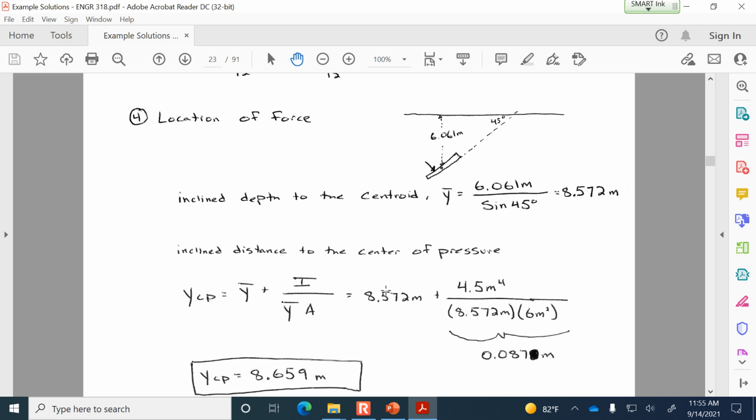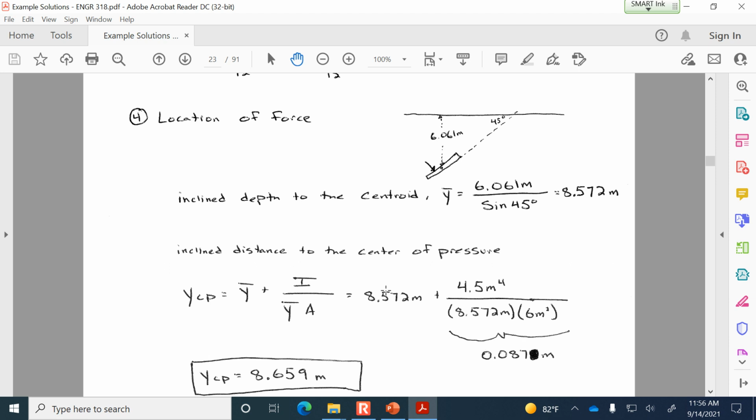Actually, that's Y bar. Y bar is the distance from the center of area to the water surface.